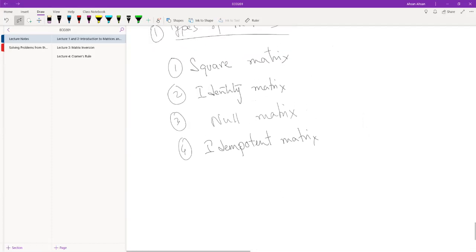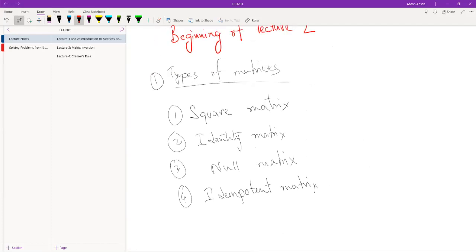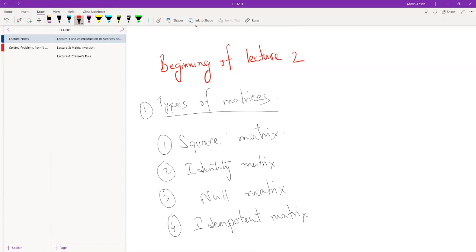Square matrix is pretty simple. It just means that if you have a square matrix, the number of rows is equal to the number of columns.